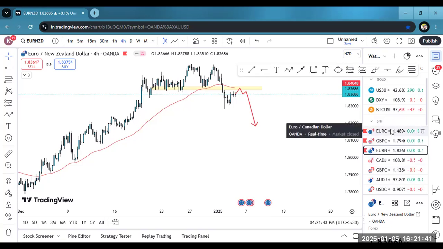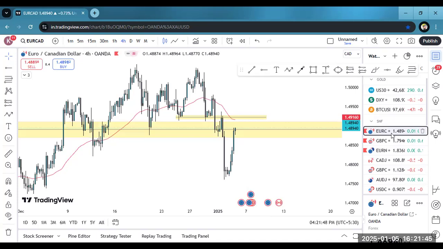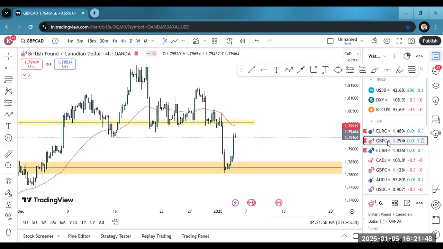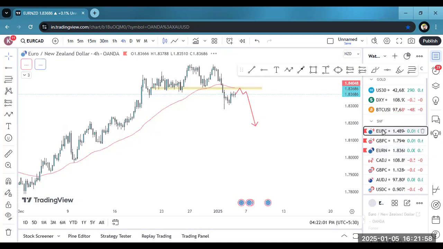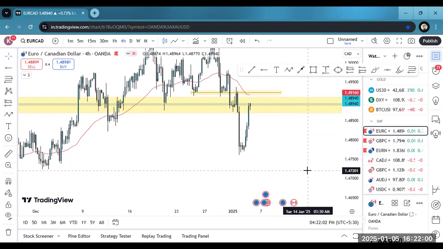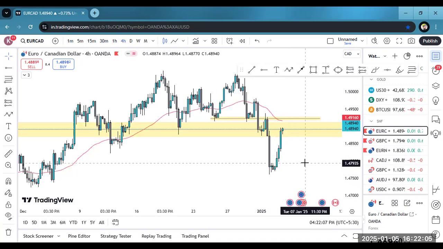I'm looking for sells in both of these trades, and I'm looking for EURNZD for sells as well. So look for more confluences to be with your trade, right?